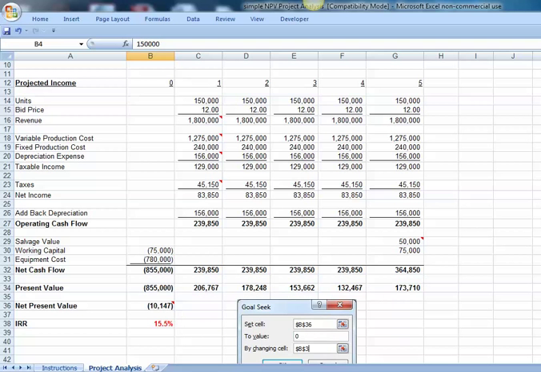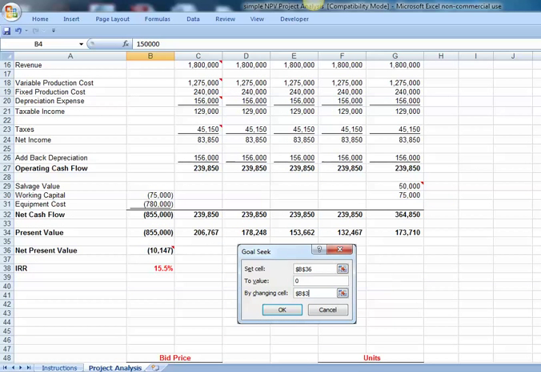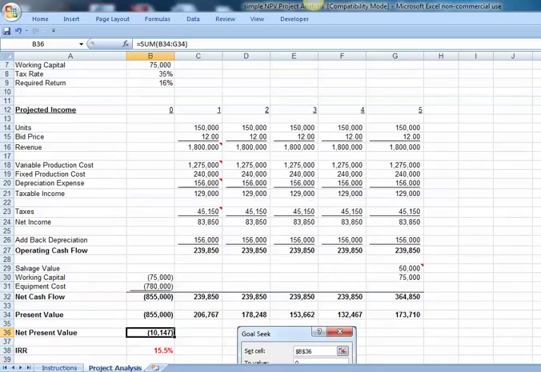We could continue to guess like that, or we can use Excel's goal seek function, which is really very easy to use. We want to set this net present value cell B36 equal to 0 by changing cell B3. And recall B3 was where our bid price was.